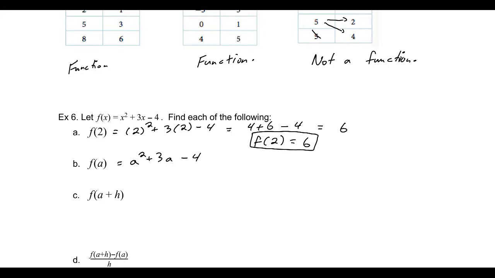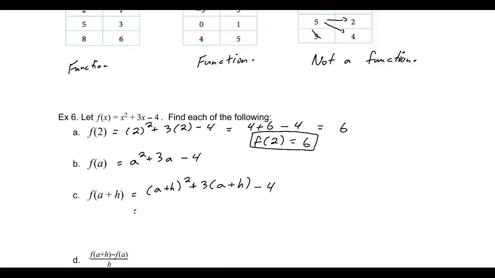Next we want to find f of a plus h. Our input is a plus h, so this will be (a plus h) squared plus 3 times (a plus h) minus 4.